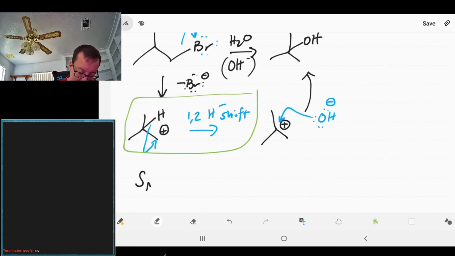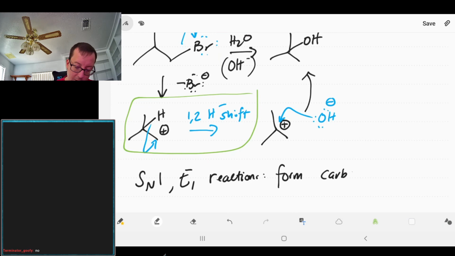So for SN1 and E1 reactions, I haven't talked about E1 yet, but we'll get there. These both form carbocations.